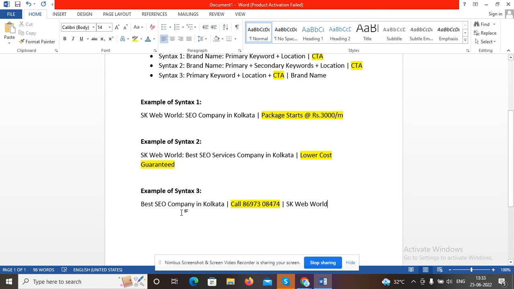So for your primary keyword, I have included the initial word, like best, and it is called LSI keywords, or latent semantic indexing keywords, for better optimization and exposure. Followed by call to action, we can put the phone number so that people can directly call you. And then brand name. So I believe you have got a better understanding of this.